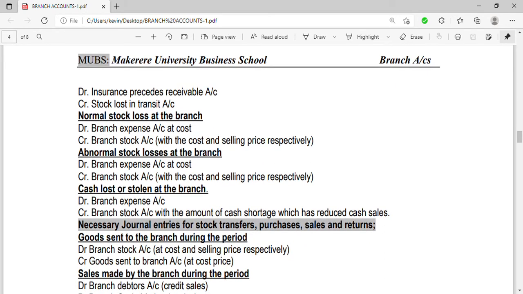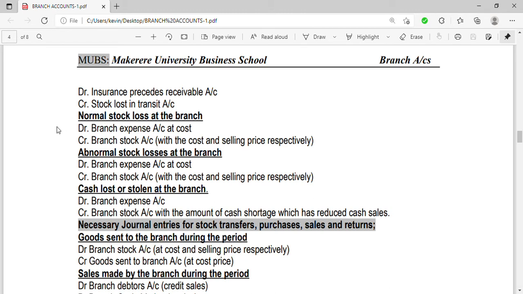Insurance that is receivable is regarded as an asset, and it also increases by debiting. So we debit the insurance receivables account and we credit the stock lost in transit account, because once the stock lost is insured, it means that this expense will reduce, and it reduces by crediting.